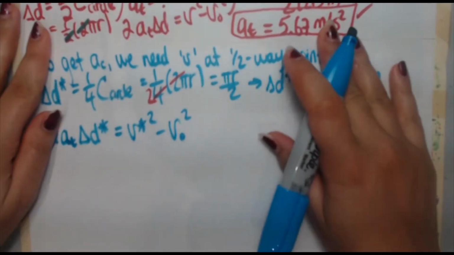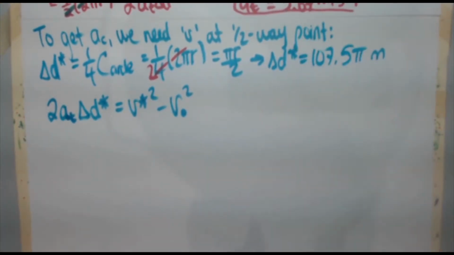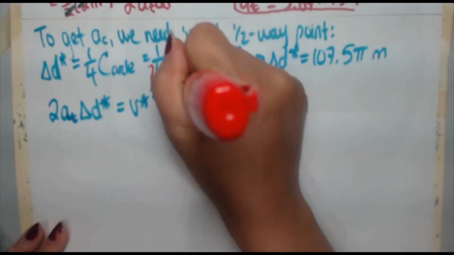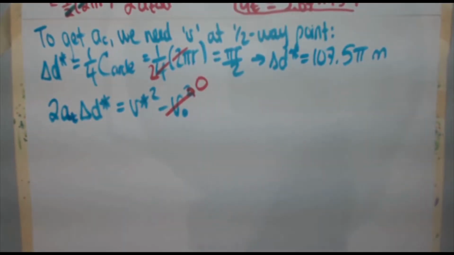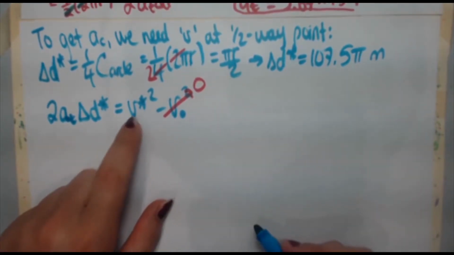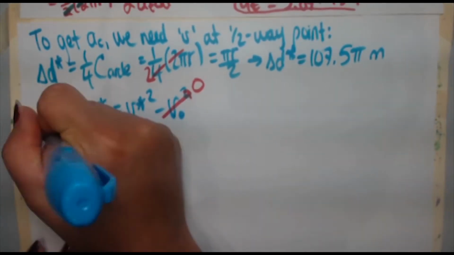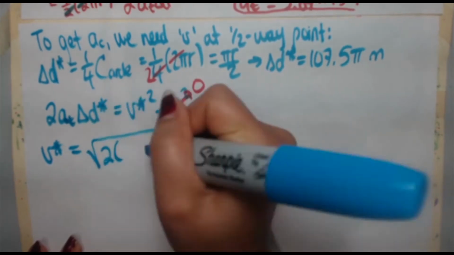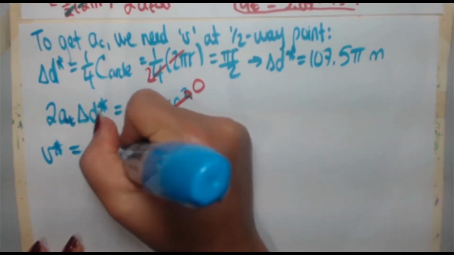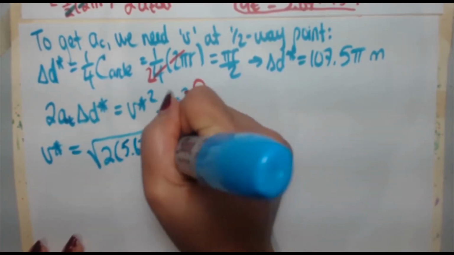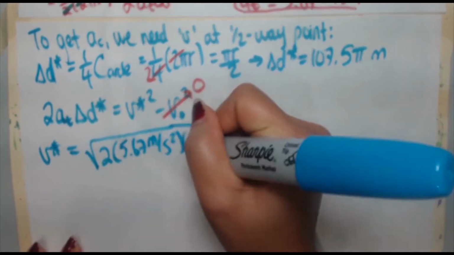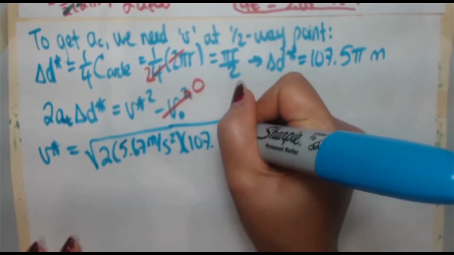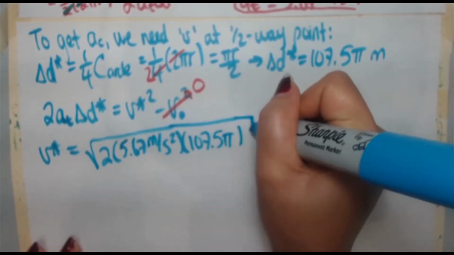Okay. Now, what else? We already know v naught is 0, just like before, so that disappears. And we're looking for v star. We're already isolated for that, so bring that to the left. v star equals the square root of 2 times acceleration, 5.67 meters per second squared, times your delta d, 107.5 pi.